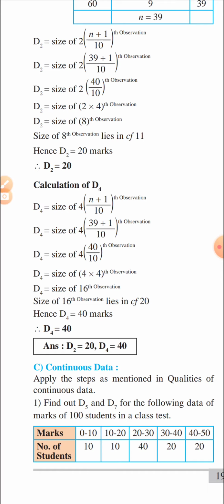Third, find out the cumulative frequency of the respective ungrouped data and write it in front of that respective discrete series data. Next, write down the formula for D4.